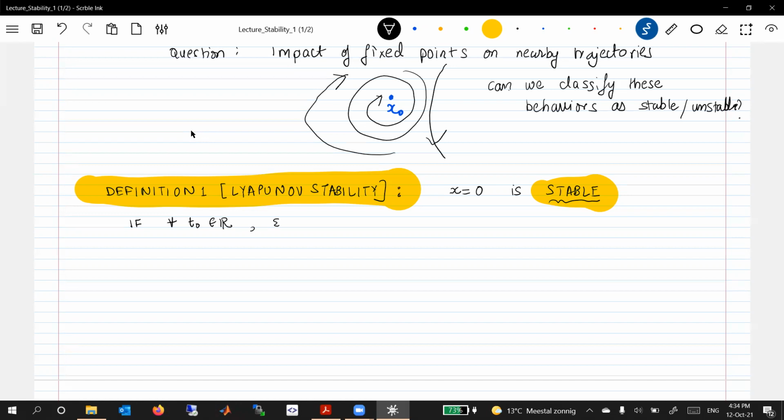So let's call that radius epsilon. So given any radius epsilon, we should be able to find some initial condition, such that all solutions starting from that radius of initial conditions are staying within this epsilon ball.